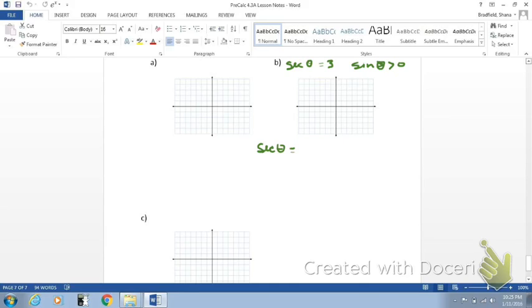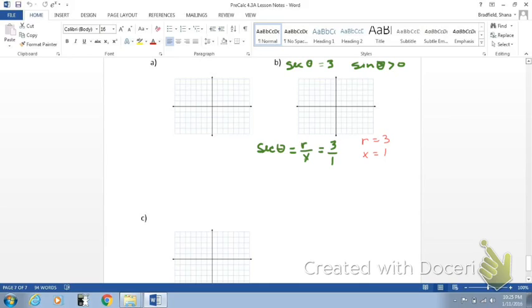So secant is r over x, and I know that my secant ratio is 3, so that's 3 over 1, which tells me that r is going to be 3 and x is going to be 1. R is always positive, so that's going to mean that here our x is positive as well.